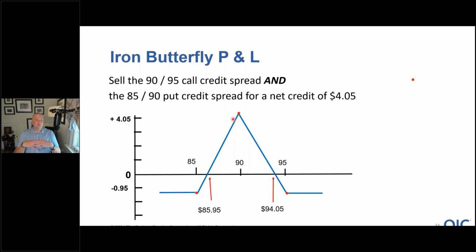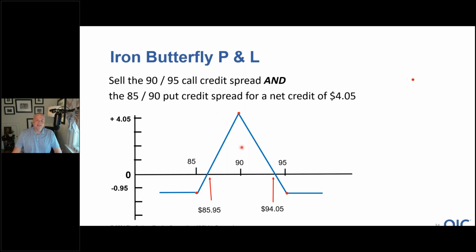Sometimes this position by people who kind of understand option dynamics will be described as being short the meat and long the wings. The reason why they say that is that these options are bigger and or meatier options. You're short more premium than you're long.